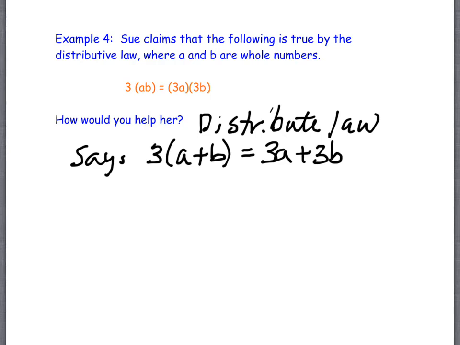So what is it about the distributive law that she's not looking at or that she's not considering? Okay, there's an addition part of the distributive law, right? And what happens in her problem? It's all multiplication. So one of the key issues here, and I'm going to stop writing, but I'm going to let you guys write it down in your own words.